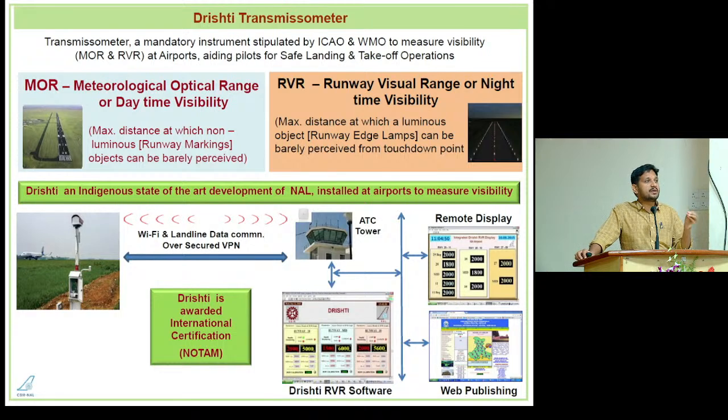An instrument which measures visibility is called a transmissometer. A transmissometer is an instrument which measures visibility for a runway. We were importing this system. One system costs 16 lakhs from a foreign country. And one runway needs 3 such systems: touchdown, takeoff and mid.